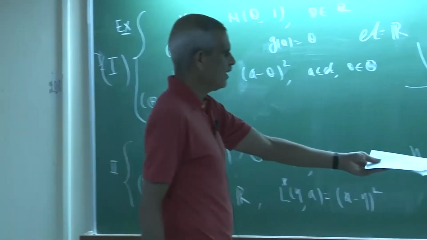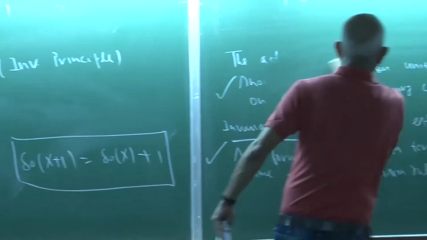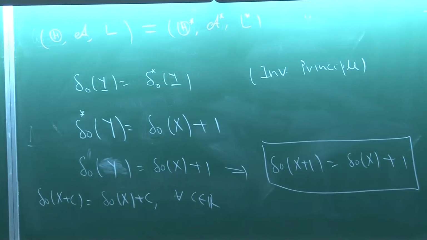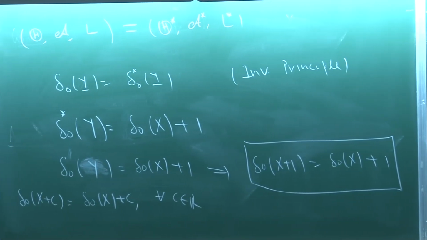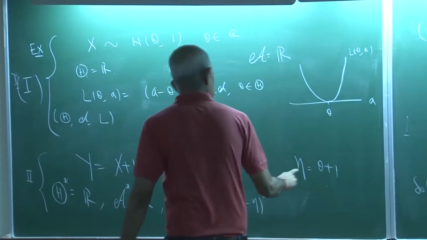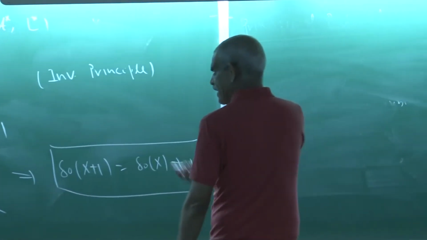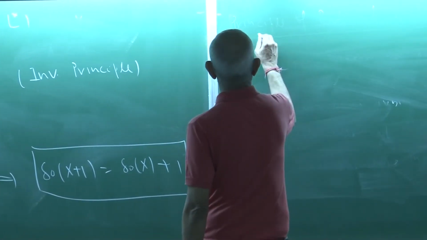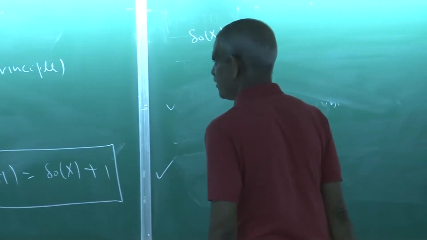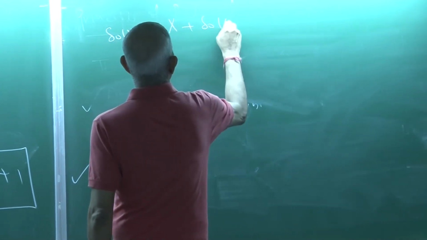Since this happens for every c, you take c is equal to minus x, because for any c, the formal structure of the two problems remains the same, because this becomes theta plus c only. So I take c is equal to minus x, so I get delta naught of x is equal to x plus delta naught of 0.